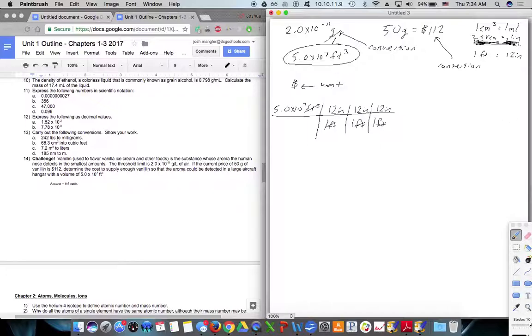So that's going to get us into cubic inches. There's the cubic inches. Now I can go into cubic centimeters.